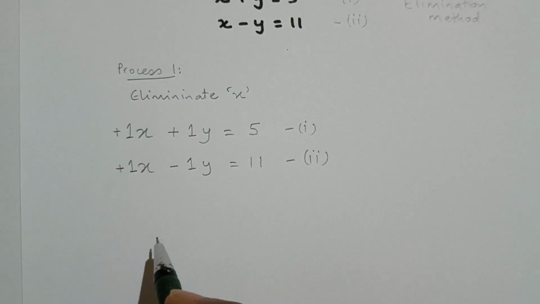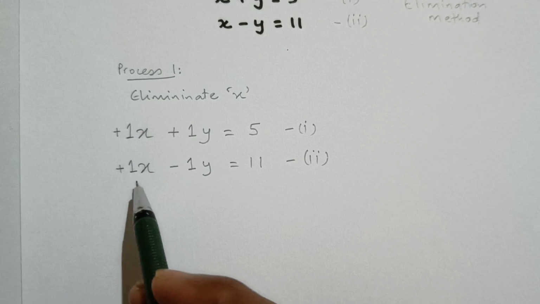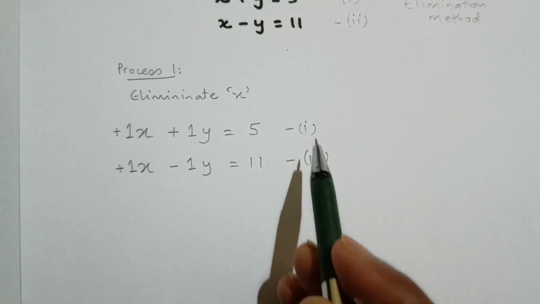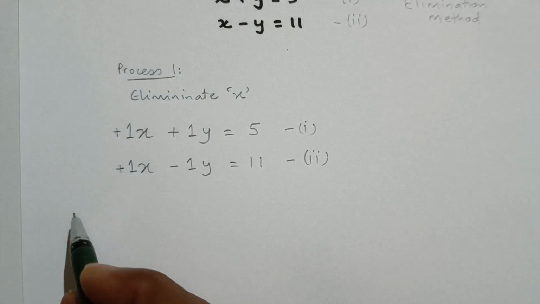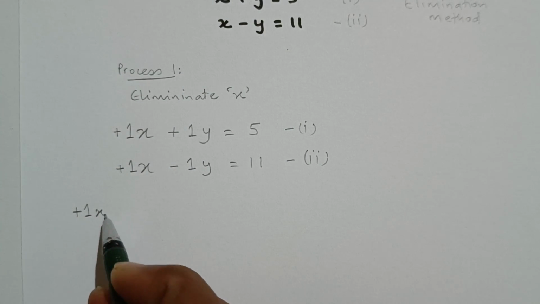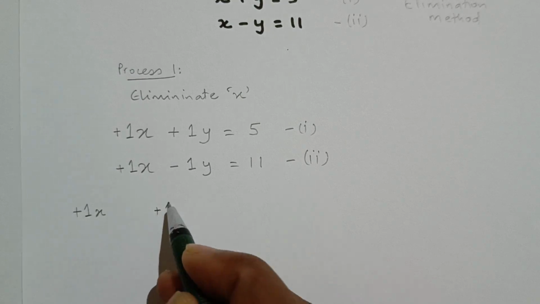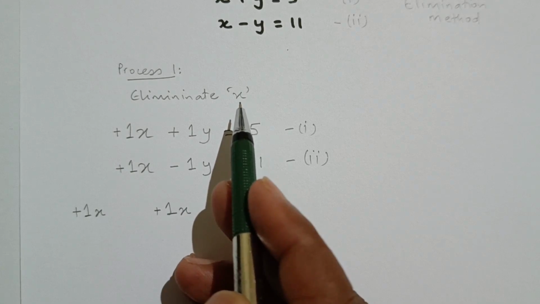Now I will write down both the x's of equation 1 and equation 2. In equation 1 we have plus 1x, and in equation number 2 also we have plus 1x. And I want to eliminate x.